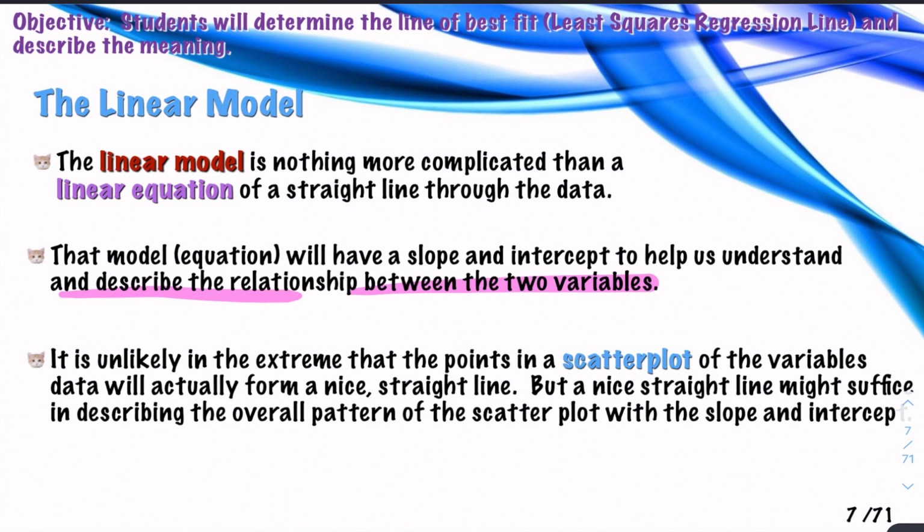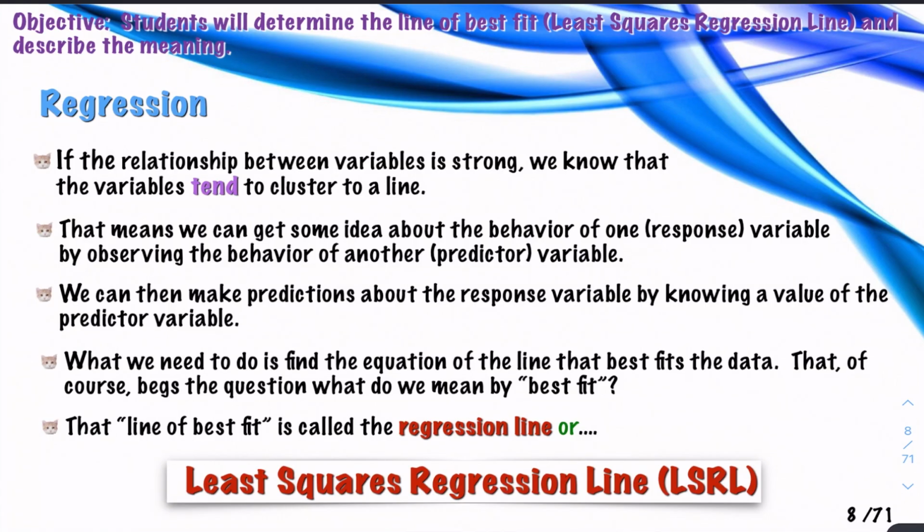It's unlikely in the extreme that points in a scatter plot of the variables' data will actually form a nice straight line. But a nice straight line might suffice in describing the overall pattern of the scatter plot with the slope and y-intercept. If the relationship between variables is strong, we know that the variables tend to cluster to a line.